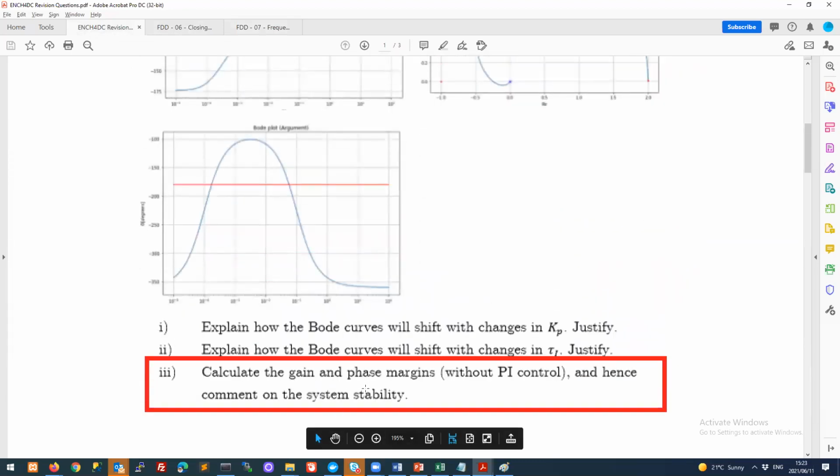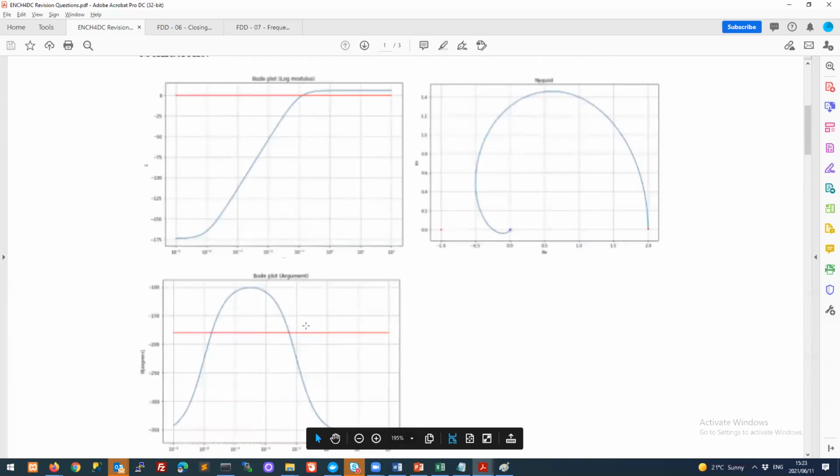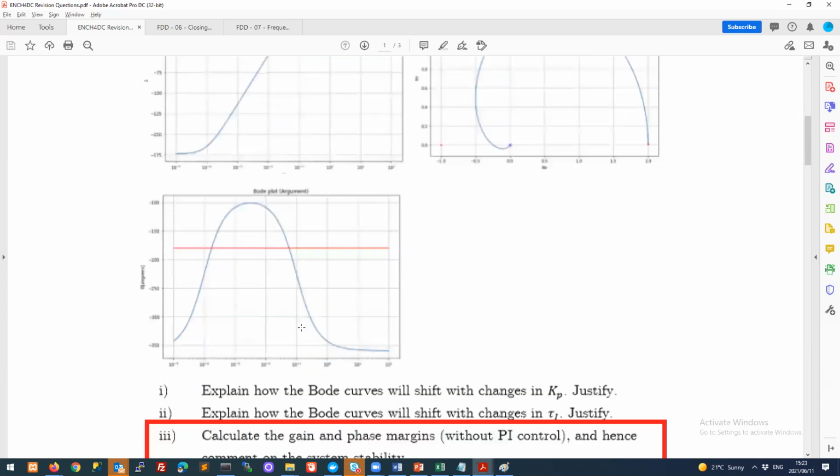So we want to know the gain and phase margin without PI control. That means just go ahead and look at the process graphs here. If you want the gain margin, set your angle to -180 degrees. And here I've kindly provided the -180 degree line. You can see this graph has an L value which is a tiny fraction, right?